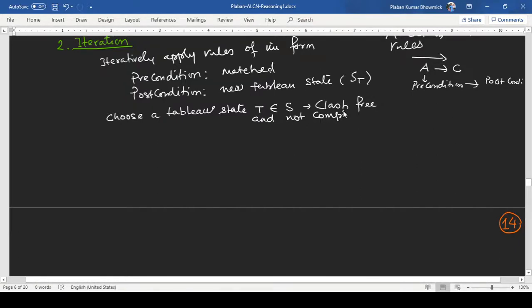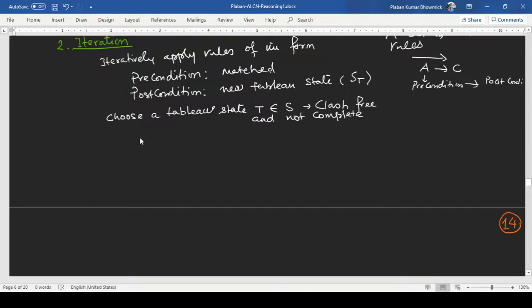So if the tableau state T is clash free, then there is no point of applying the rule, because I know that I have arrived at a clash. And if the tableau state is complete, we cannot apply any rule, even if we want to, right?